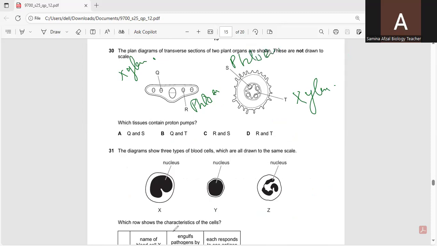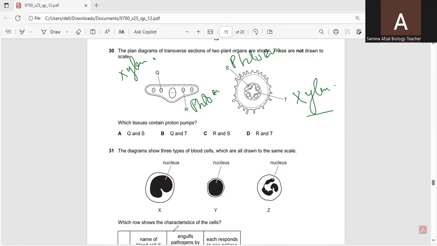So first of all, I will describe their functions. The points Q and T are xylem. The function of xylem is the transport of water, whereas R and S are the phloem.